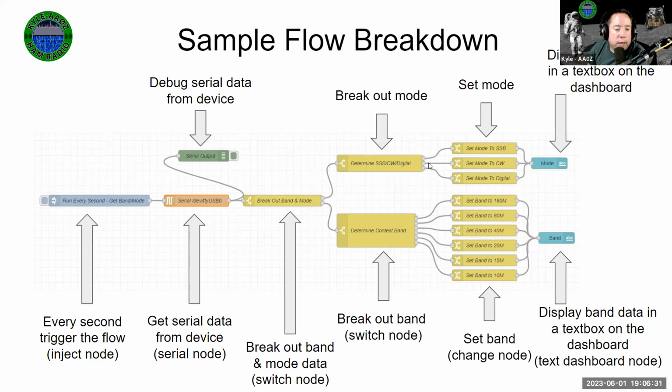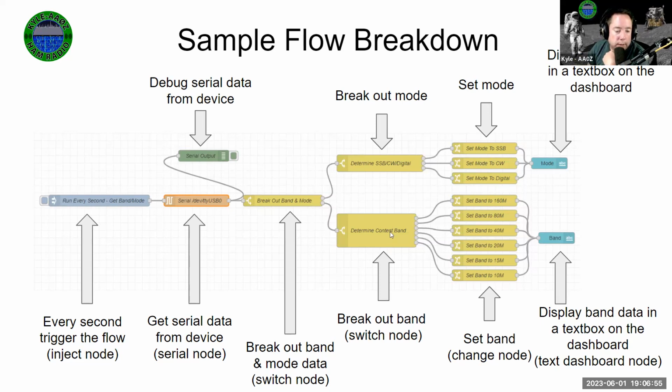And then it's going to break out that even further, and it's going to send this to a change node, and we're going to set the mode to single sideband, or we're going to set the mode to CW. Basically, we're just setting a text box or a string. And then we're going to display that mode here in a dashboard node, okay?